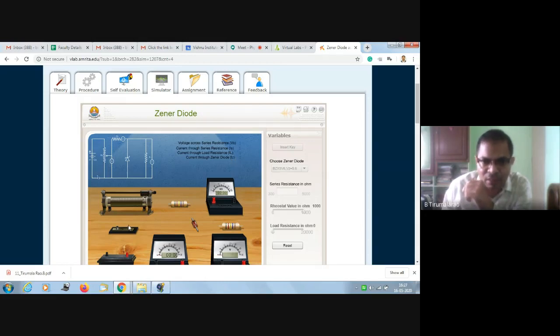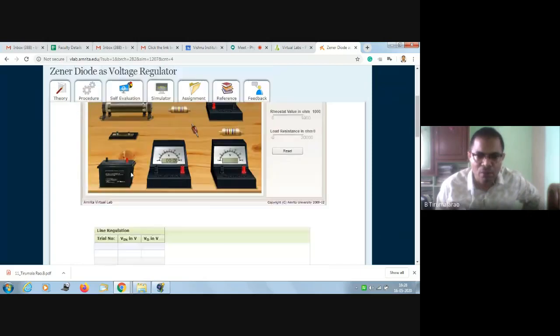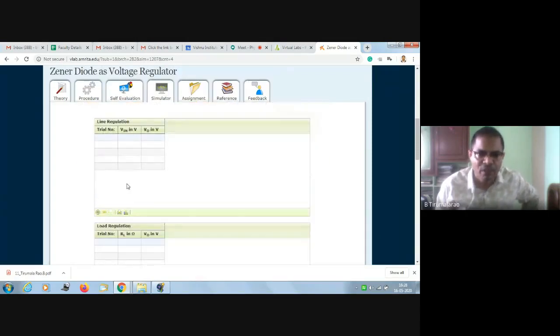Again in reverse condition, you can draw the voltage across the series resistance Vs and the current through the Zener diode in the third coordinate. If you take the values in forward bias and reverse bias, you get two graphs in the first and third coordinates. Then you can draw a straight line which cuts the negative x-axis. That is nothing but the Zener diode voltage. You can try it.